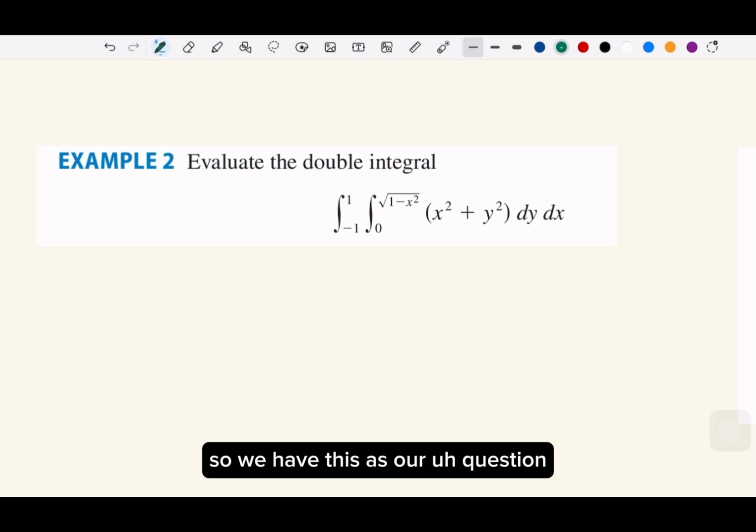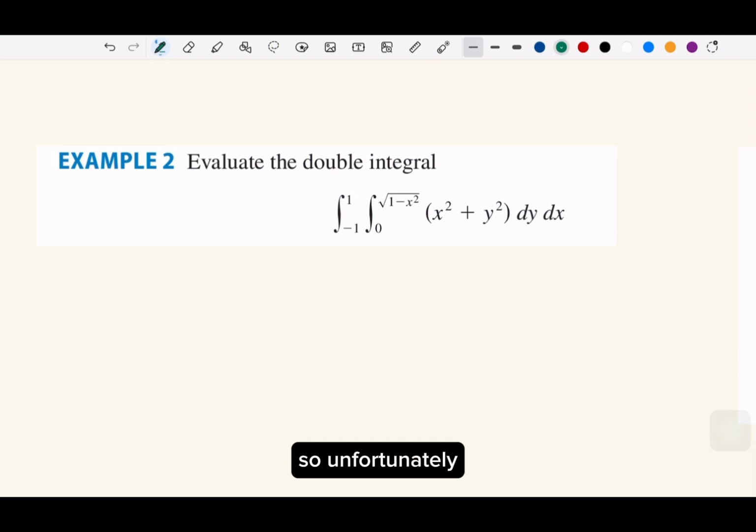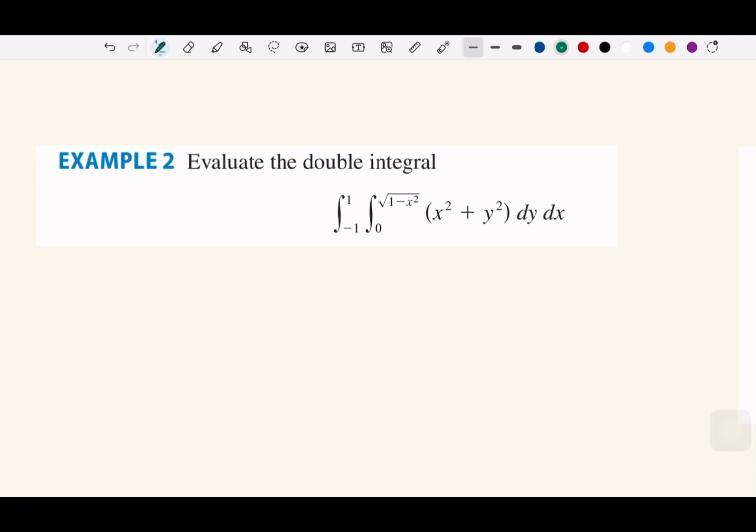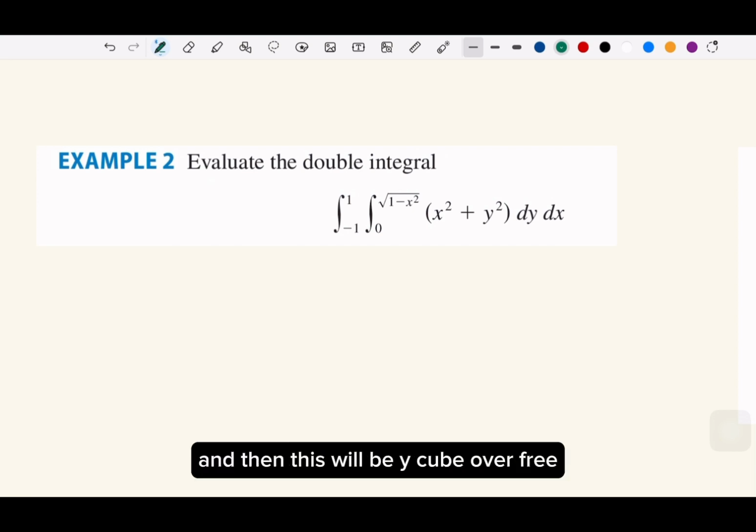So if we have this as our question, of course, the inside integral dy, I think it's easy, right? We just add y here, and this will be y cubed over 3.